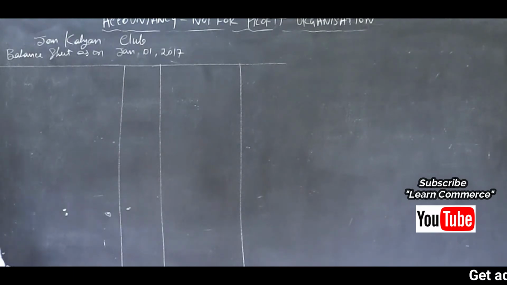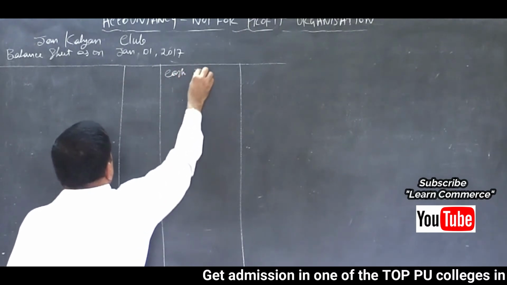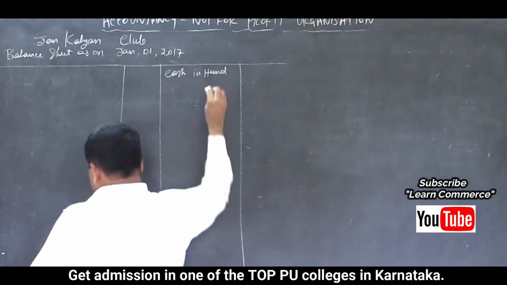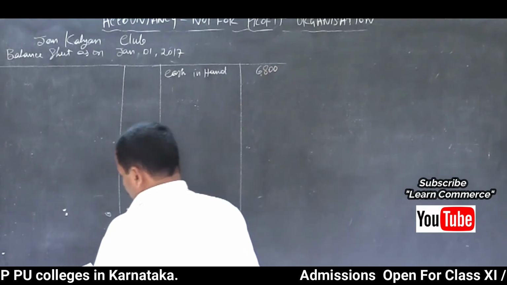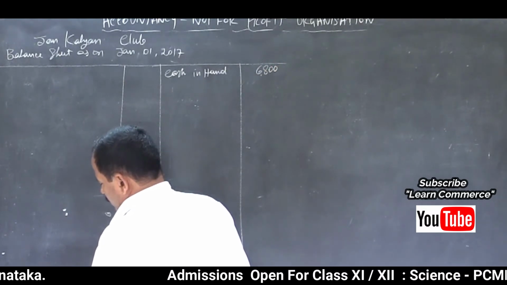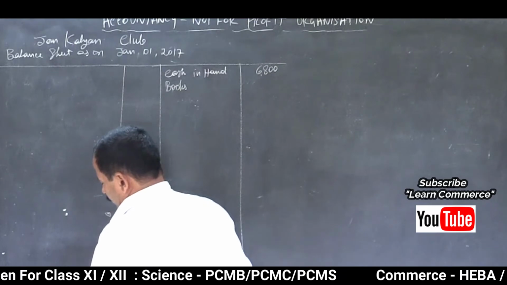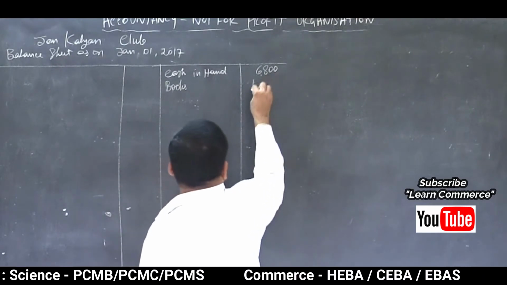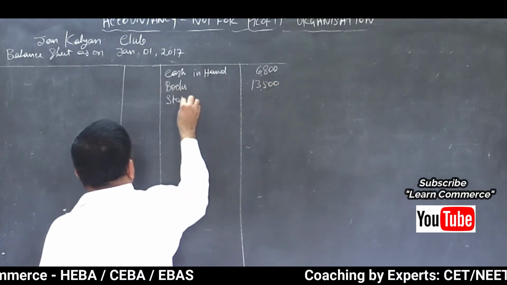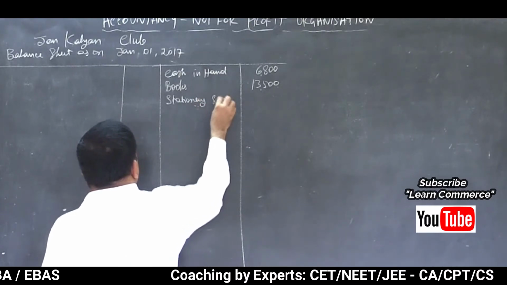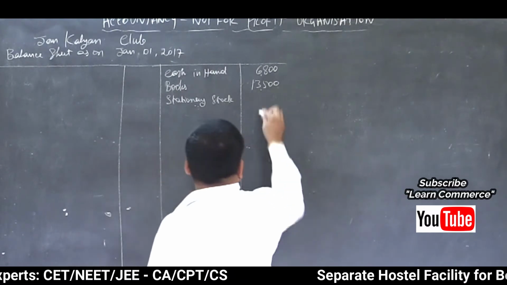Yes, let's start. Cash in hand. That is receipts and payments account, opening balance 6,800, right? Then books. How much? It was given 13,500. Then stationery stock, or stock of stationery, 1,200.